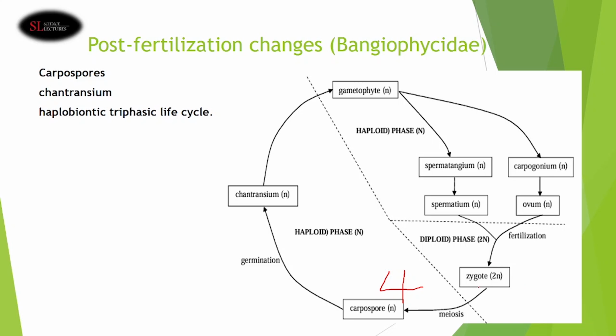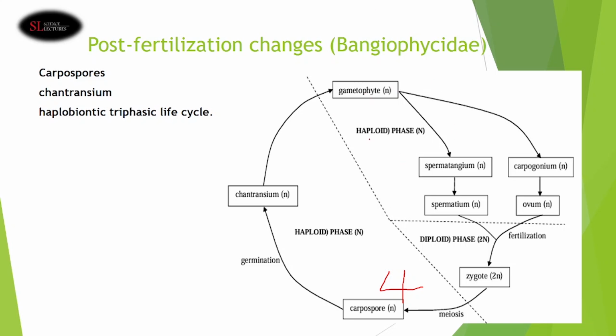Then these carpospores, on liberation, will germinate to form a small juvenile thallus called the conchocelis. This will grow to form a new algal body. Then the algal body will undergo differentiation to form the gametophyte and the cycle continues.